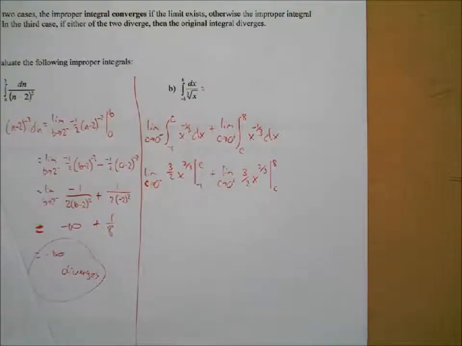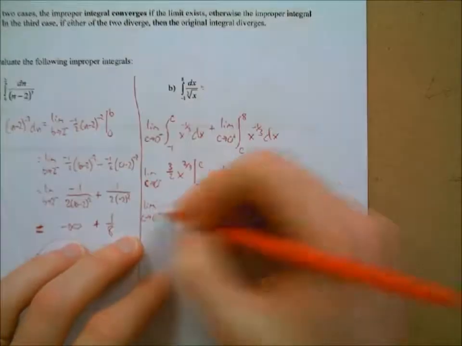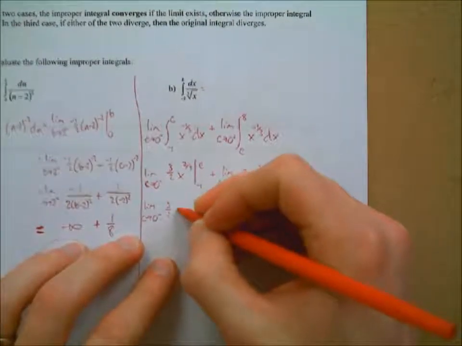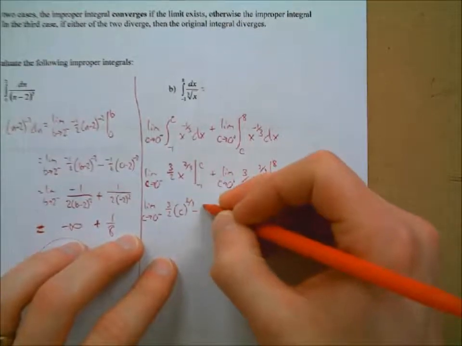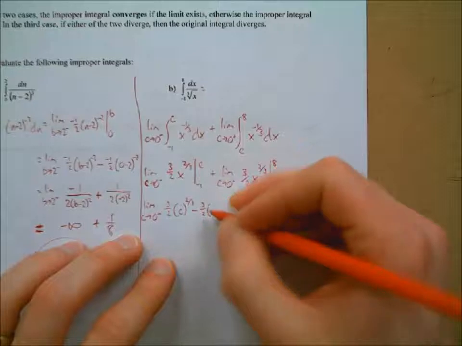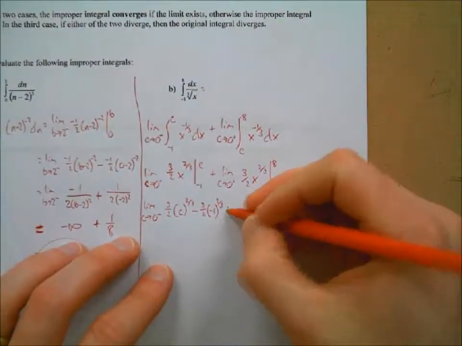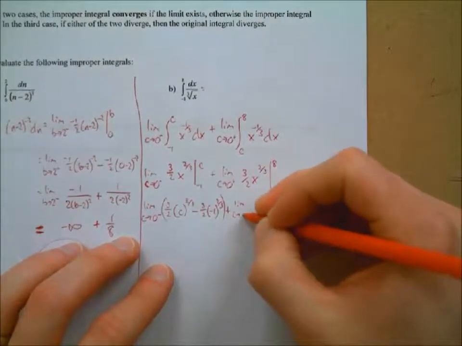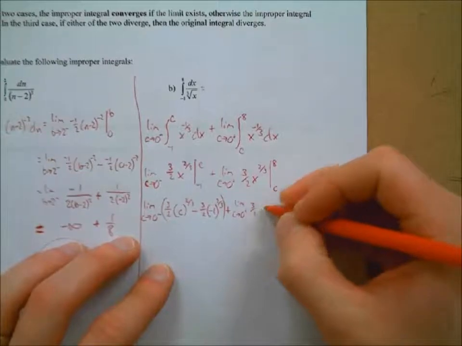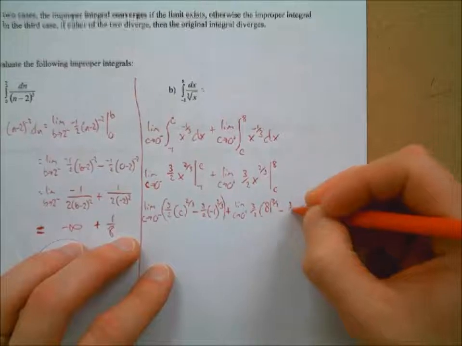So there's our integration, and now we can do our substitution. So we'll say 3/2 C to the 2/3 minus 3/2 -1 to the 2/3 plus 3/2 8 to the 2/3 minus 3/2 C to the 2/3.